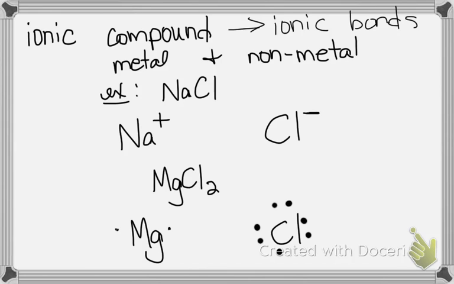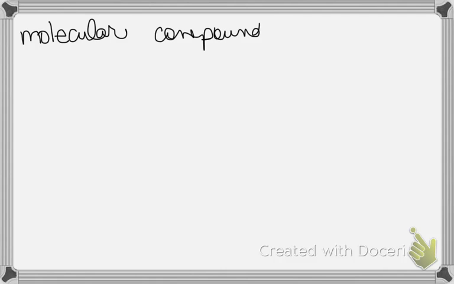That's a little summary of what we know about ionic compounds. What's the other kind of compounds? We call them molecular compounds. But what kind of bonds do they have? Covalent. Molecular compounds have covalent bonds.